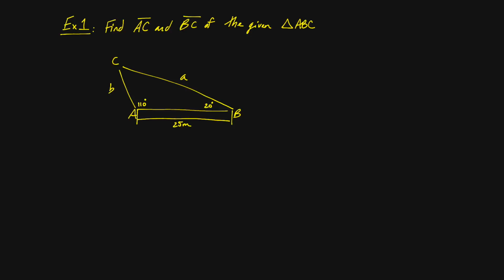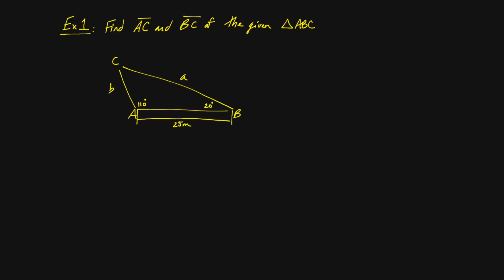So let's try to put this in application. For this given example, we have a triangle ABC, and we need to find side AC, which is side B, and side BC, which is side A. We're going to use the law of sines to do this.